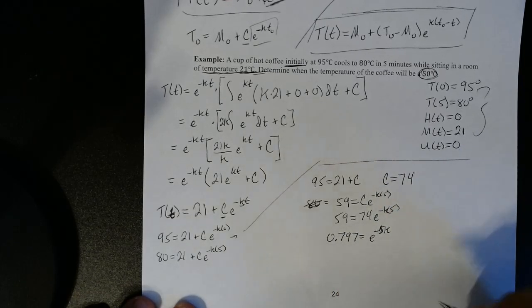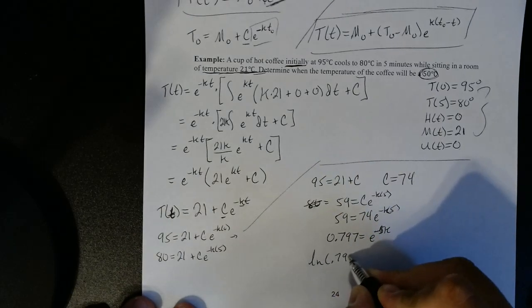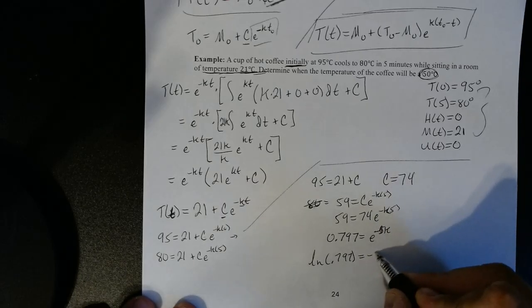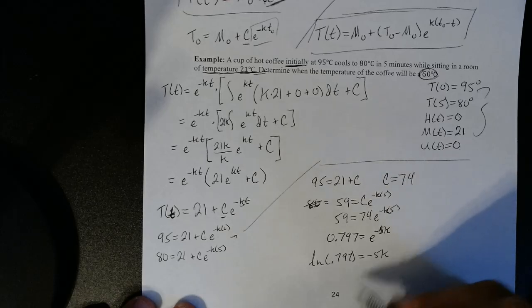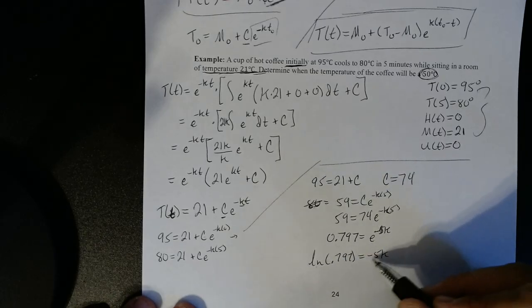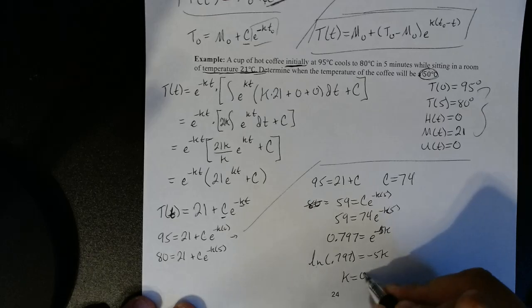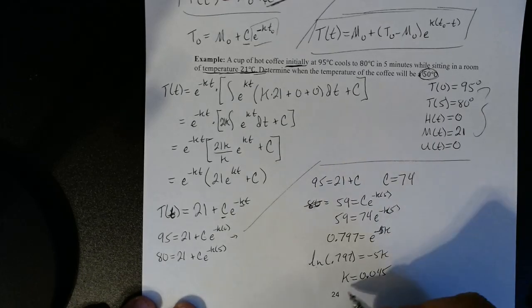And now taking the natural log of both sides. And again, taking ln of this and then dividing by negative 5, we find out that k is approximately 0.045.